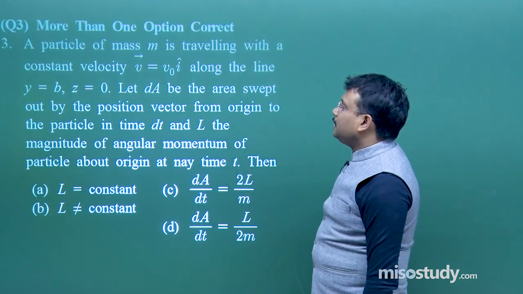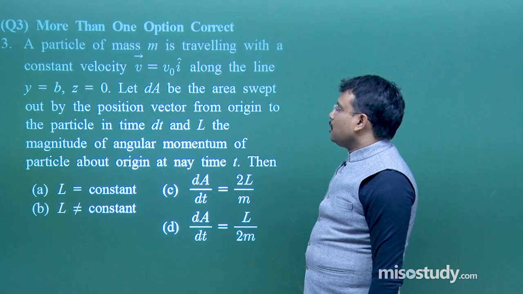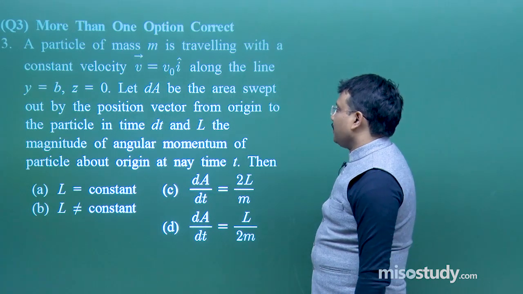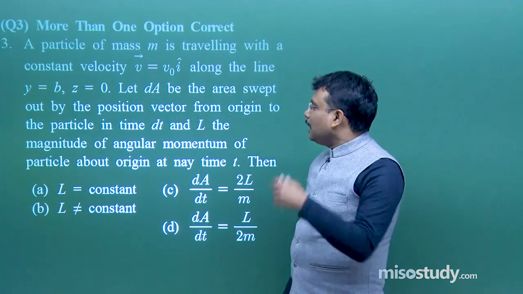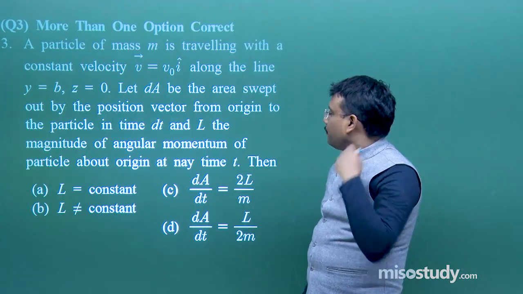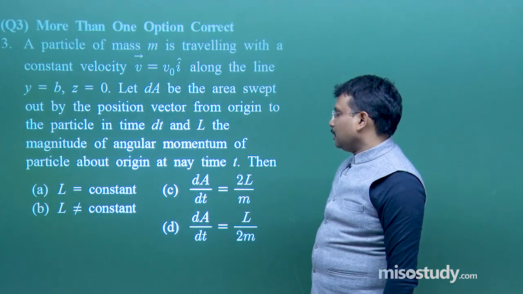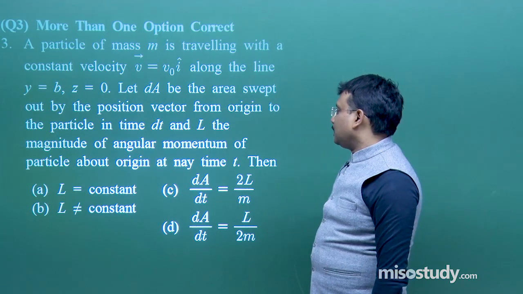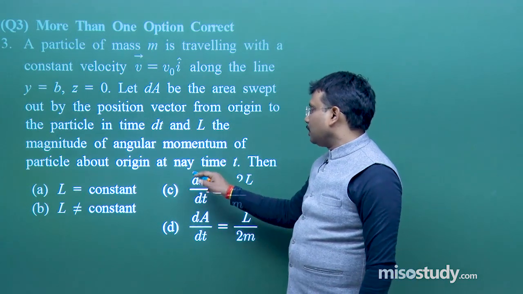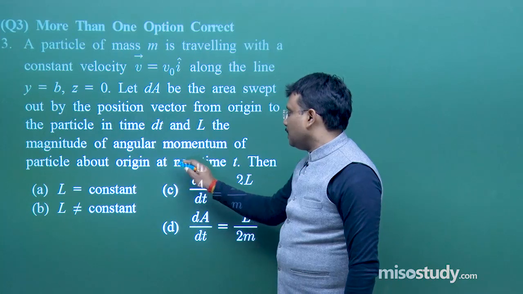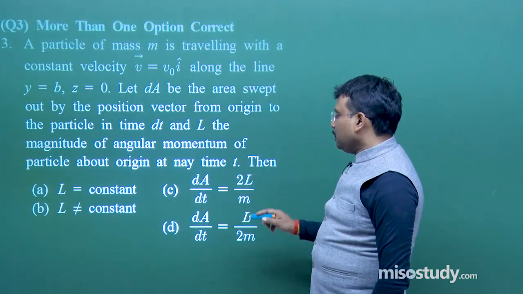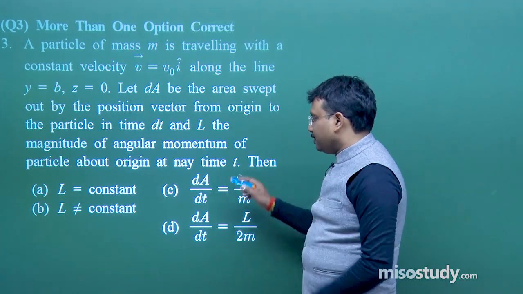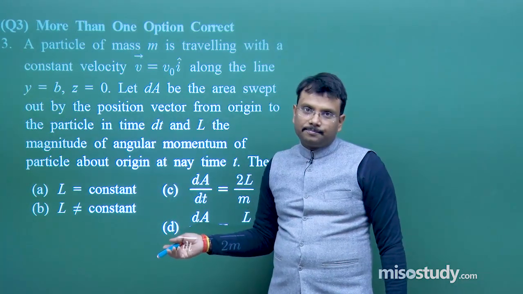Let dA be the area swept out by the position vector from origin to the particle in time dt, and L is the magnitude of angular momentum of the particle about origin at any time t. Then you have to find out which one is the correct option.